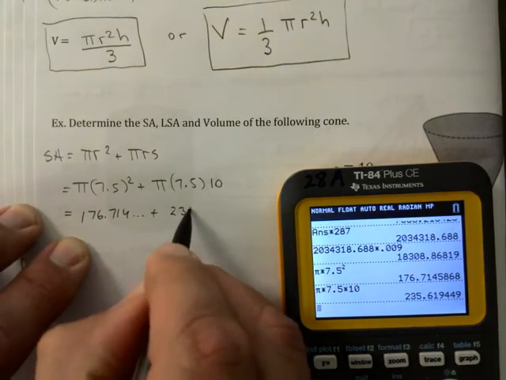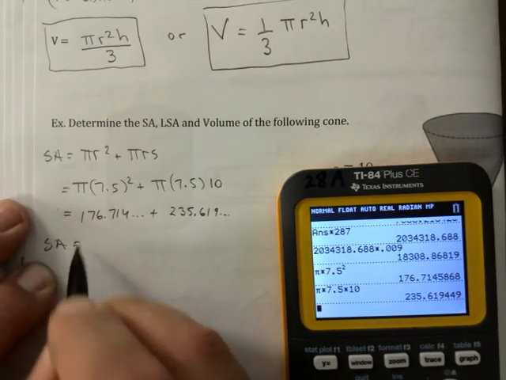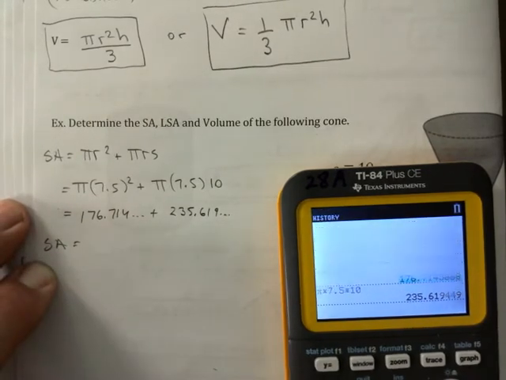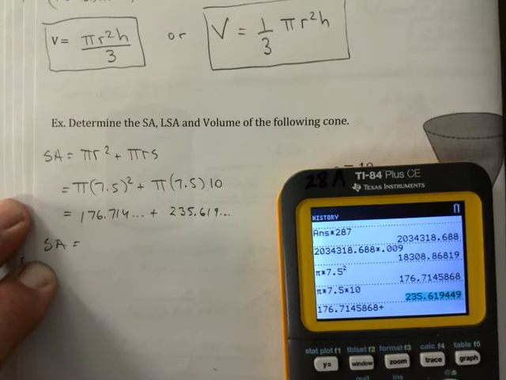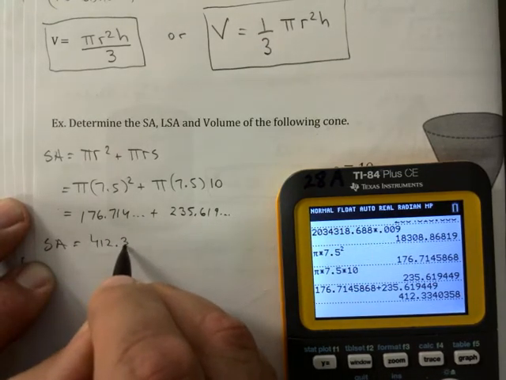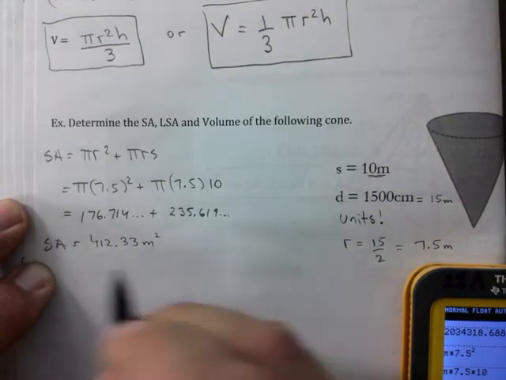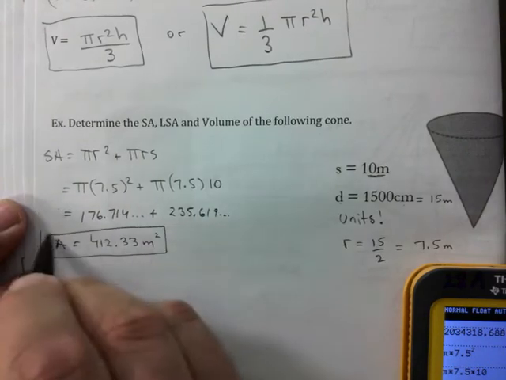It's 235.619. So the surface area, you just copy and paste, 412.33 meters squared.